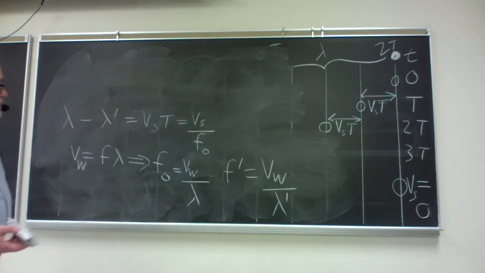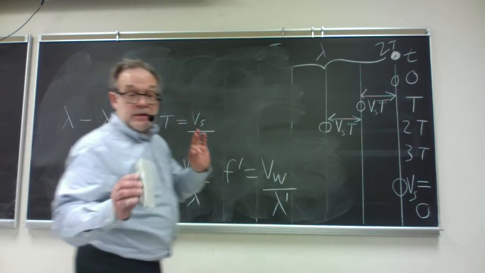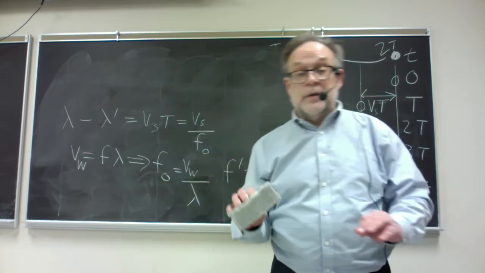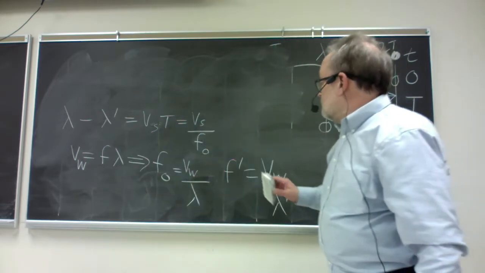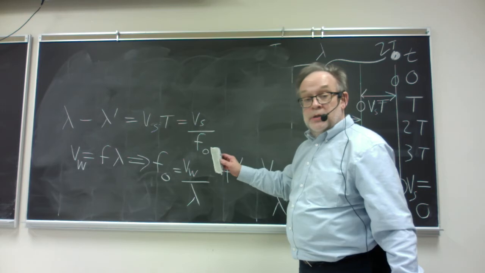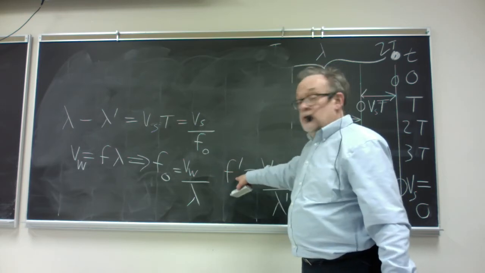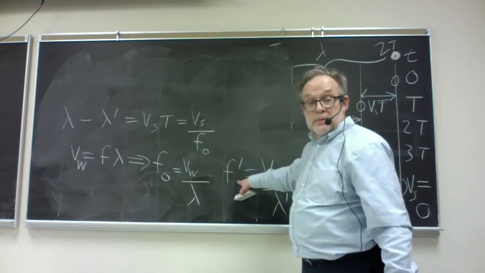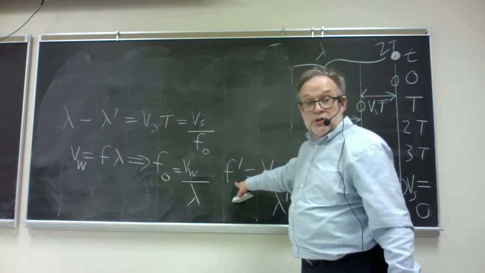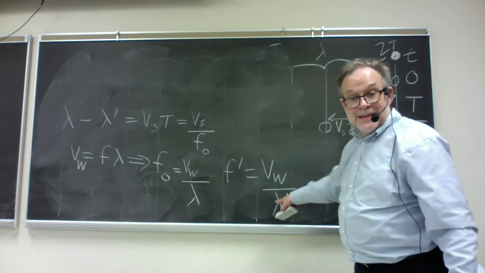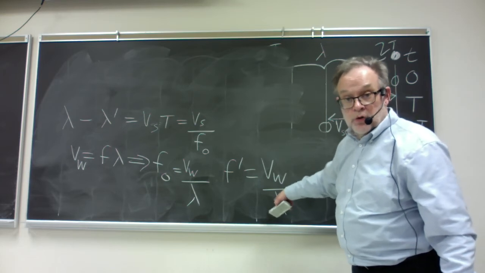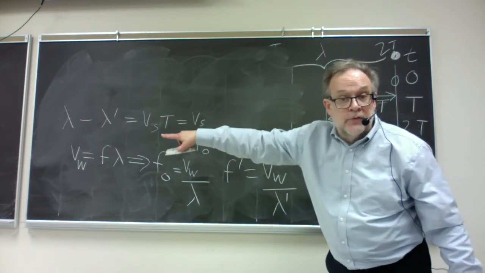So that's all I need here to get a nice algebraic statement of how much the perceived frequency changes. This is the frequency that an observer would measure, because this is the wavelength that that observer over there on the left would measure.